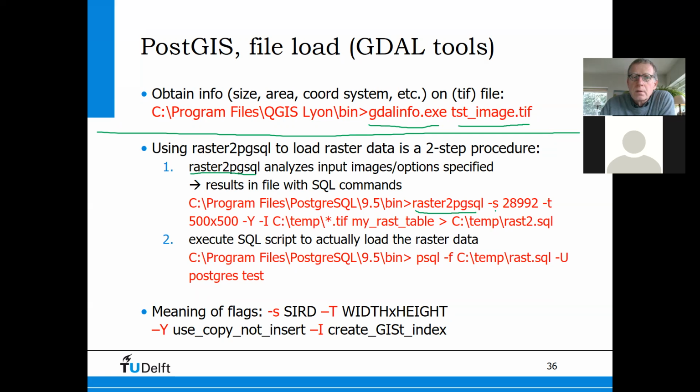There are a whole set of options: -s, -t, -Y, -I, and then I have my input file, and this is the table name where I want to store my raster data.